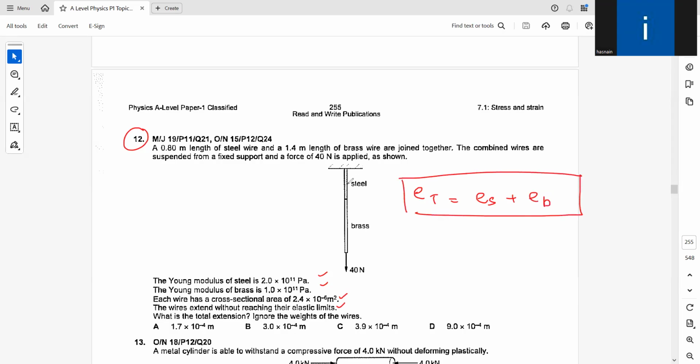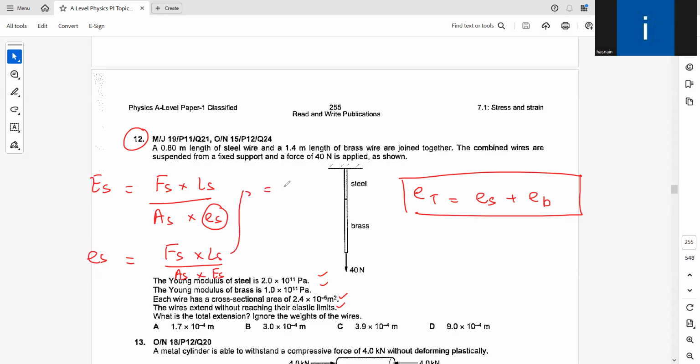So for steel, we have the Young's modulus, which is force on steel times original length of steel over area of steel times extension of steel. That's what we have to find. So extension is equal to force times length over area times Young's modulus. Let's plug in the values.